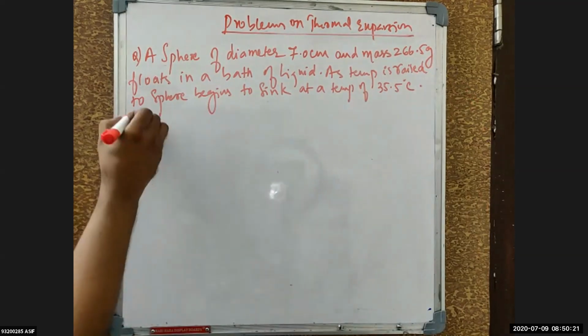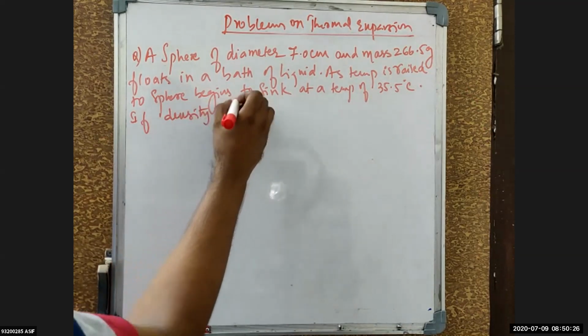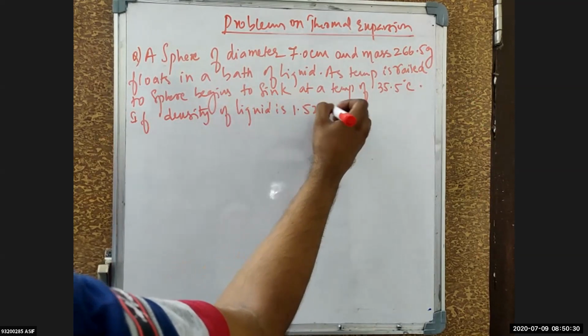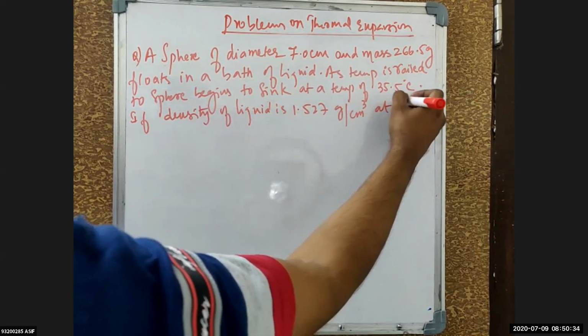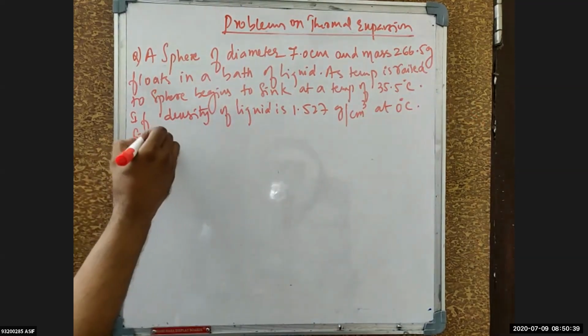If density of liquid is 1.527 gram per centimeter cube at 0 degrees centigrade, find the coefficient of cubical expansion.